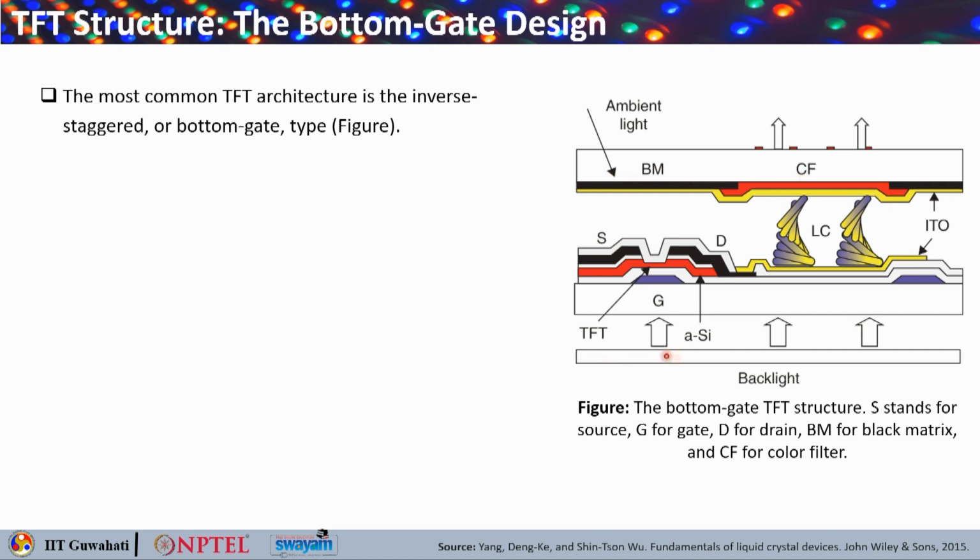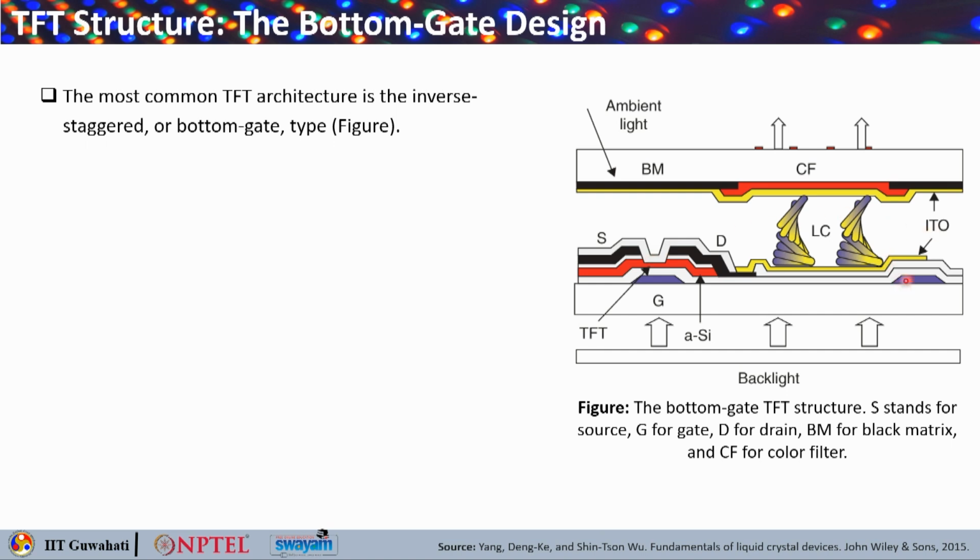This is where you have the backlight. You can see that the light from the backlight, in this patch portion, is not able to come out because it is blocked by the TFT. On the top side you also put a black matrix so that ambient light cannot disturb this TFT, because these are photosensitive.